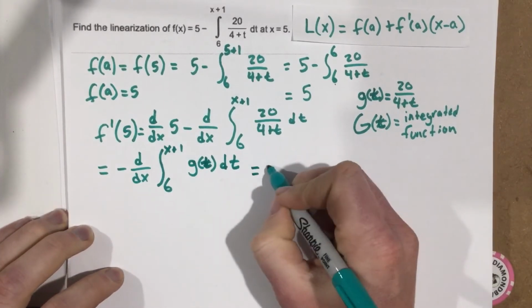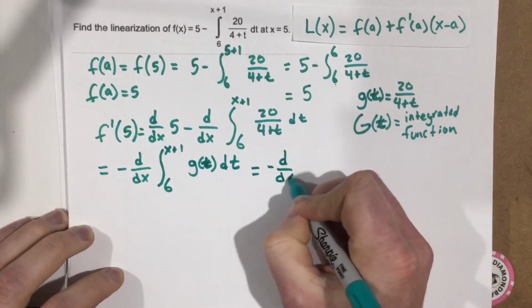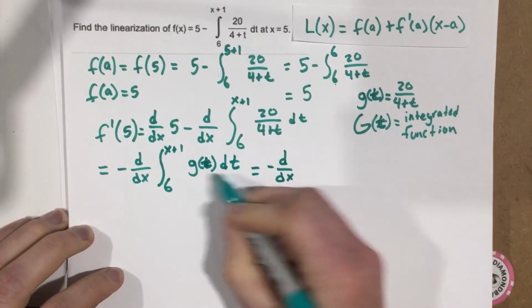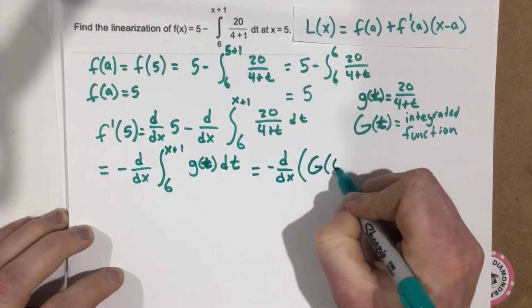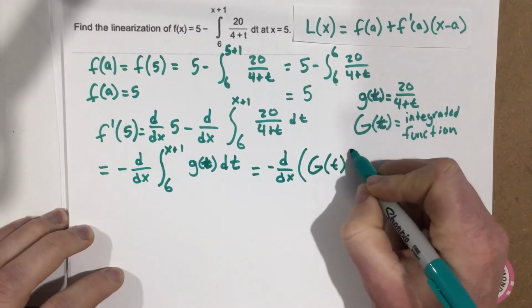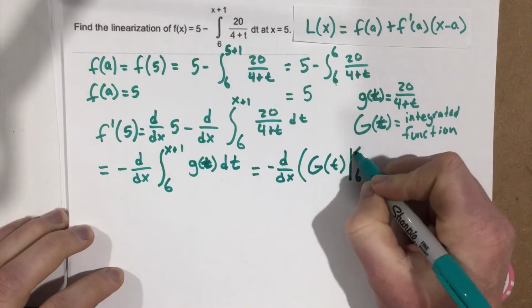That equals negative d over dx. If I do the integral there, that would be capital G of t, and I'm going to evaluate that from 6 to x plus 1.